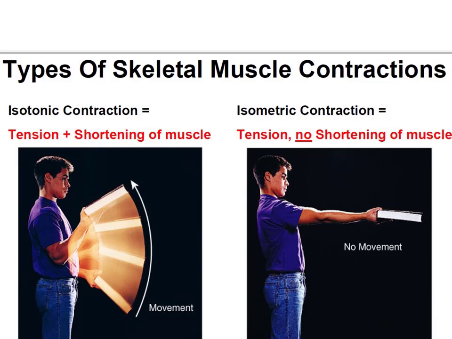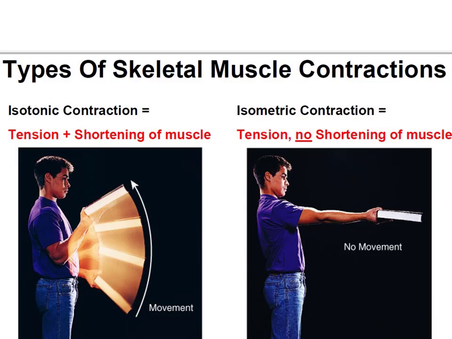So on the left, where we see isotonic, this model is holding out a book and basically raising the book up. When you are doing work and your muscle is shortening, that means you have engaged enough motor units to accomplish the movement, to accomplish the work, to raise the book.